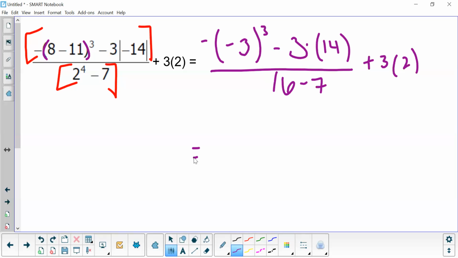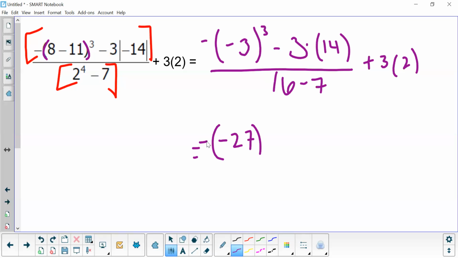So in the numerator, we have some exponents to take care of. So -3 cubed, that's -3 times -3 times -3, which is a -27.